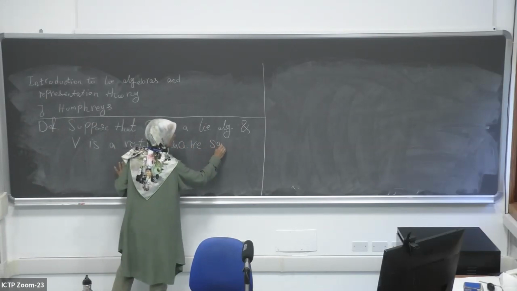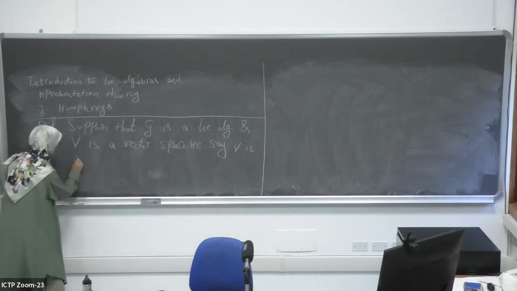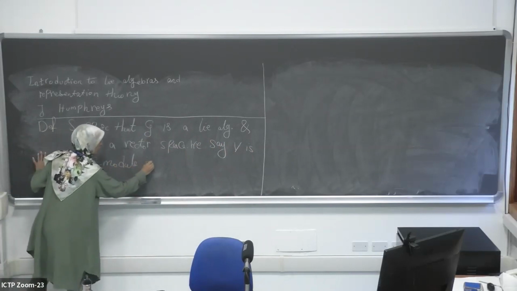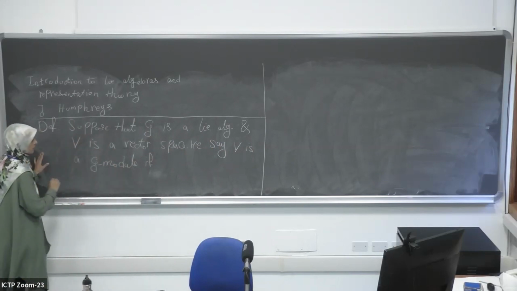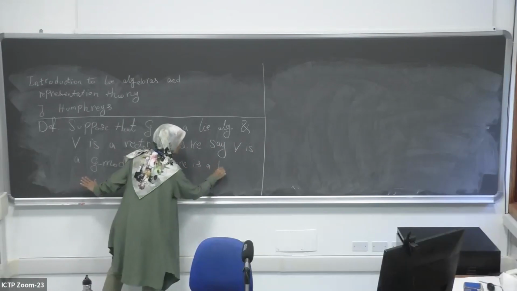Say V is a G module if there is a bilinear map.